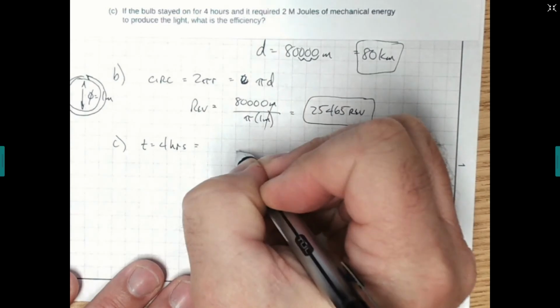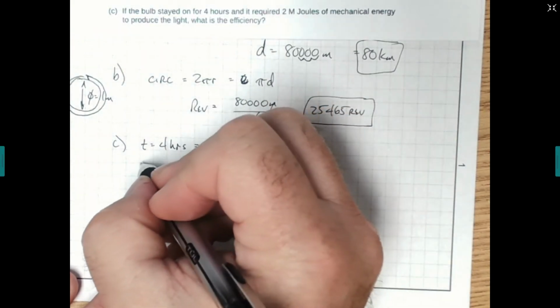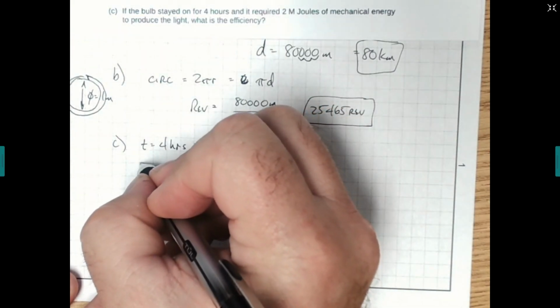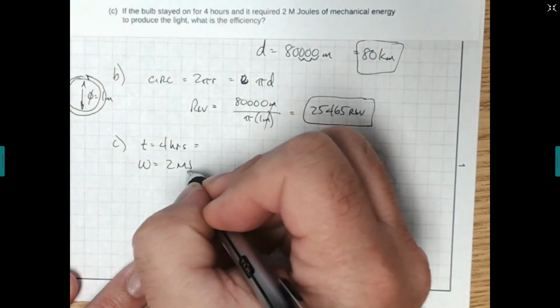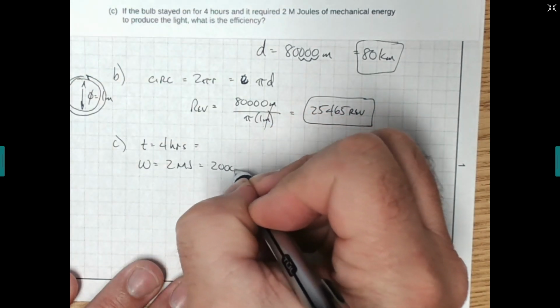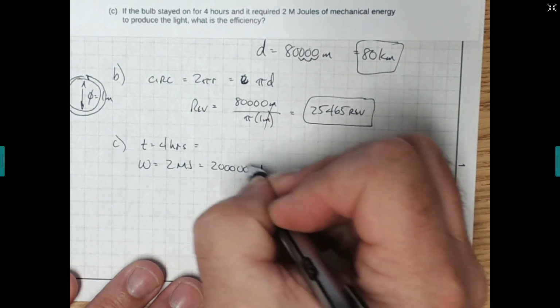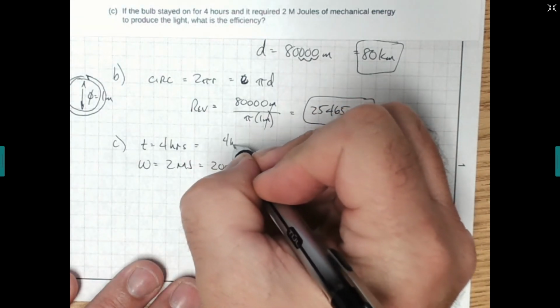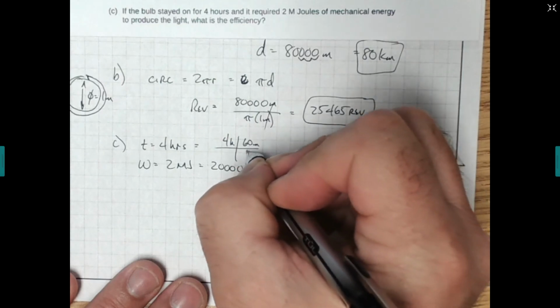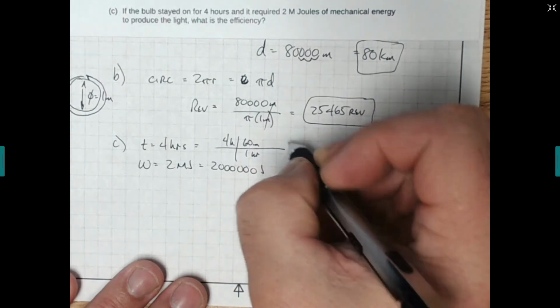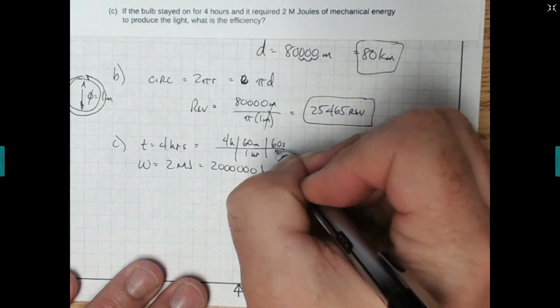We have to convert that into seconds, and then 2 megajoules is equal to our energy, or our work. We can convert this easily. This is just 2 million, because mega means million. For the 4 hours, there's 60 minutes in 1 hour, and then there are 60 seconds in 1 minute.